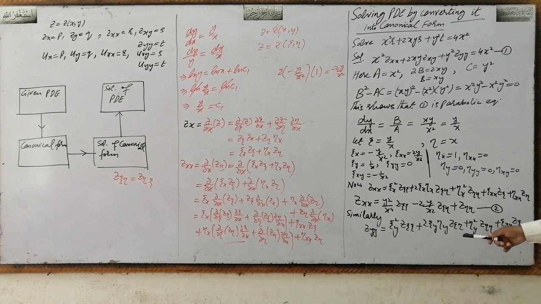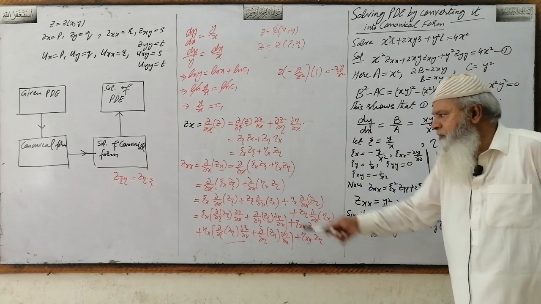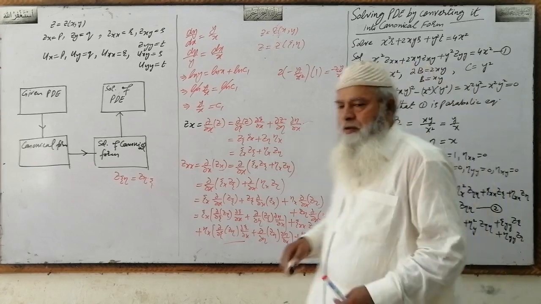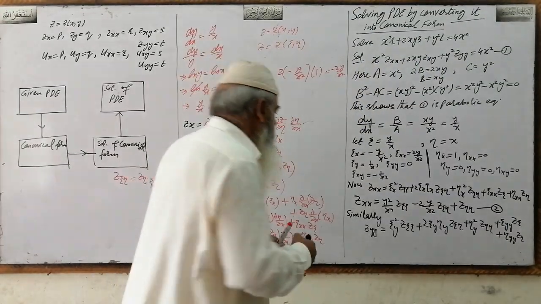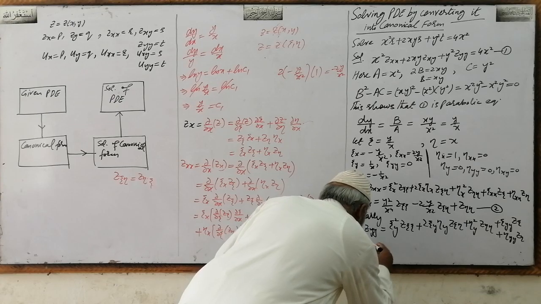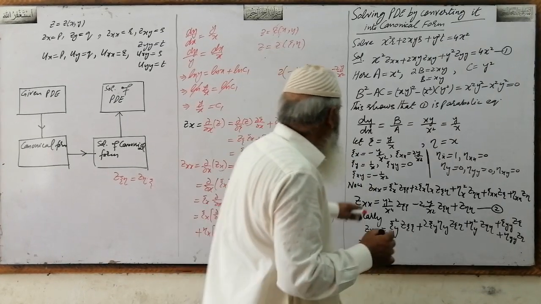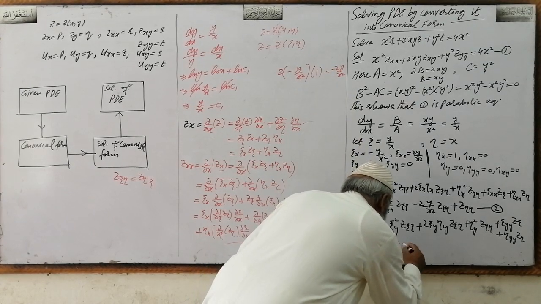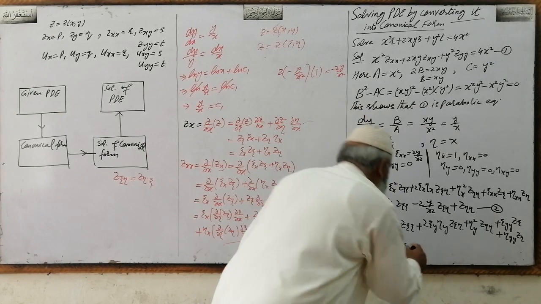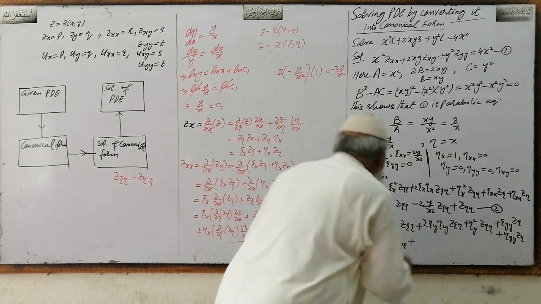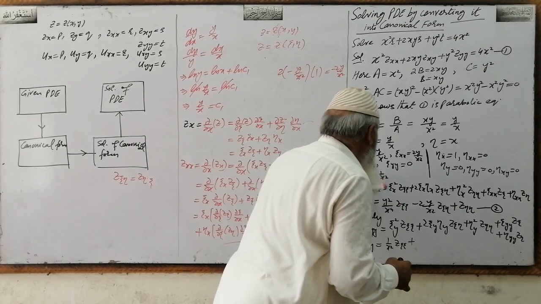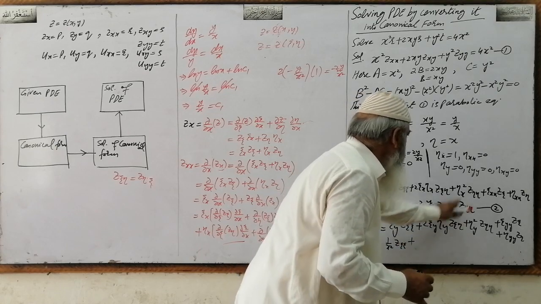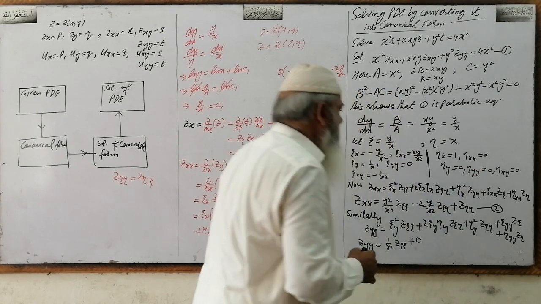There is no need to adopt these steps to find this equation. Now we just have to insert the values here. What are the values? Z double y is equal to, what is eta y? Eta y is 1 over x. This will give you 1 over x square z double xi. And here eta y, once again eta y is 1 over x, and xi y is 0. Look at here, xi y is 0, therefore this term will become 0.